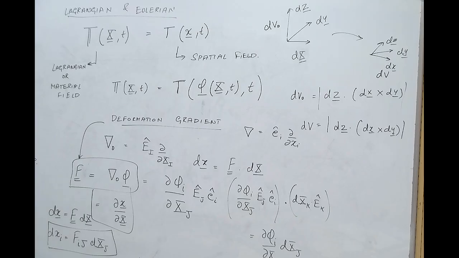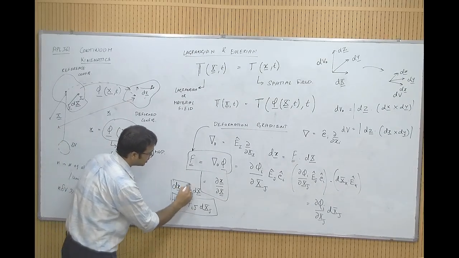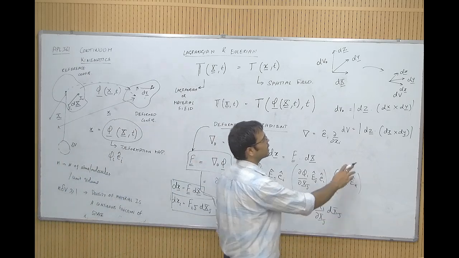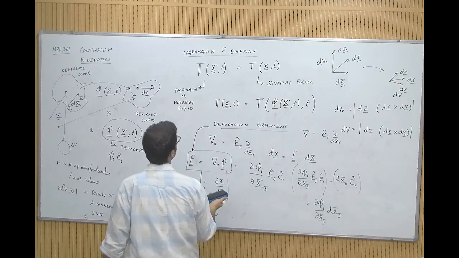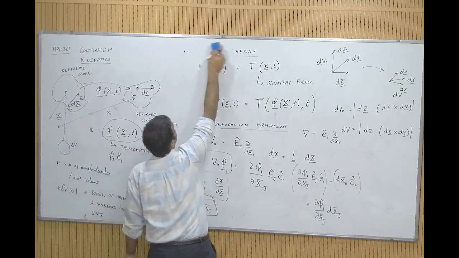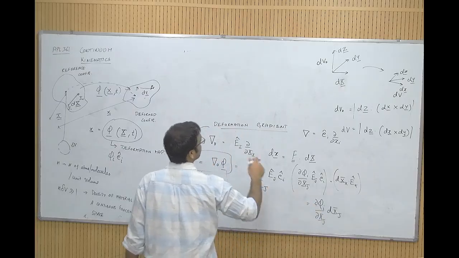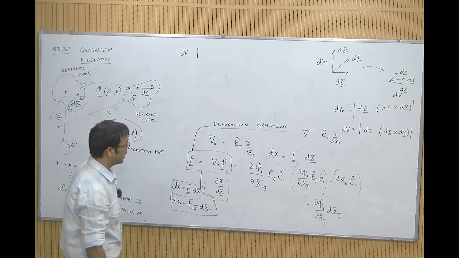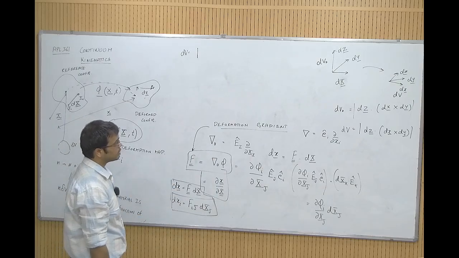Now, using this transformation of a material vector under the deformation gradient, or deformation map to be exact, we can write that dv is going to be mod of dz dot dx cross dy.